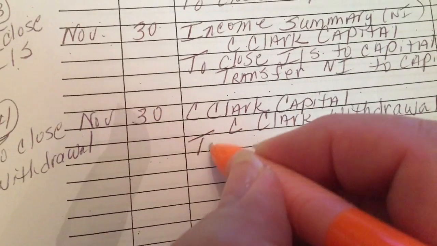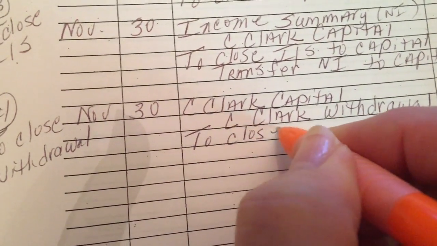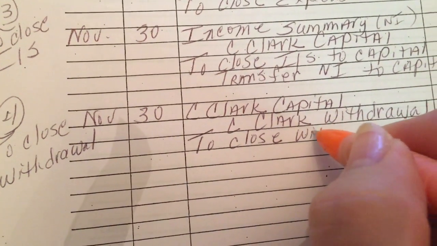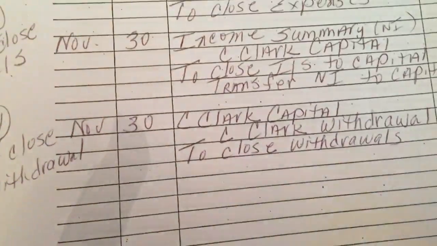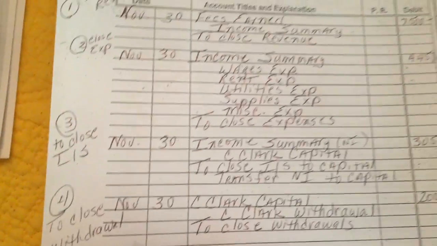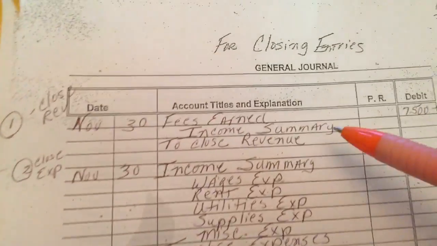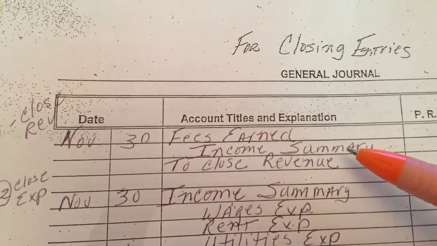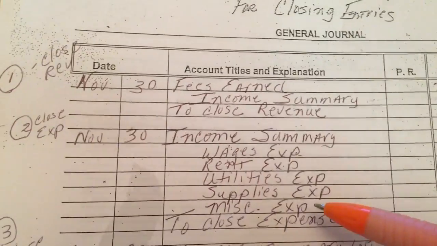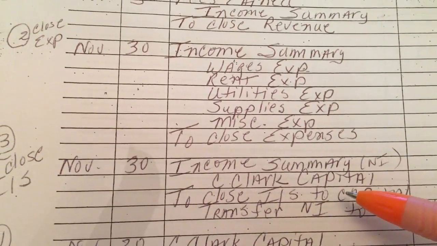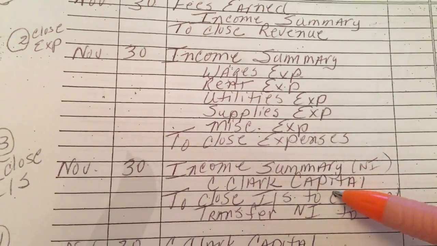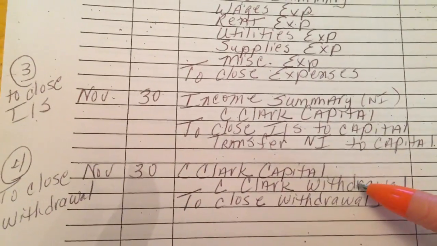And this is to close the withdrawals. Okay. So you have 4 journal entries. First one again is to close your revenue. Okay. Second one is to close your expenses. Third one is going to be to close that temporary income summary account. And fourth one is to close the withdrawal account.